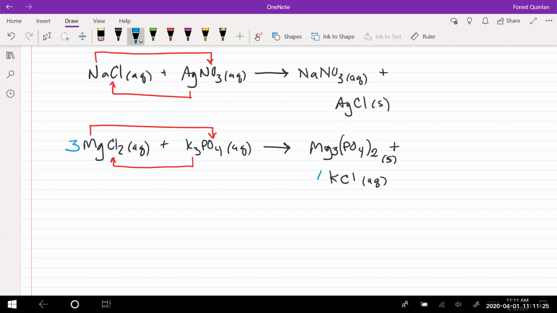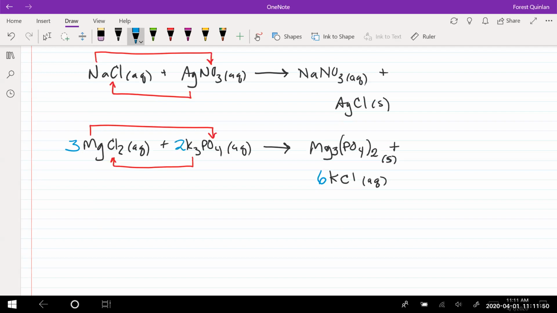I'm going to come over here and put a 6 on my KCl, but that screws up my potassiums. How many potassiums do I have? I have 6 on the right. I need 6 on the left. I already see 3 of them, so I'm going to put a 2 in front.